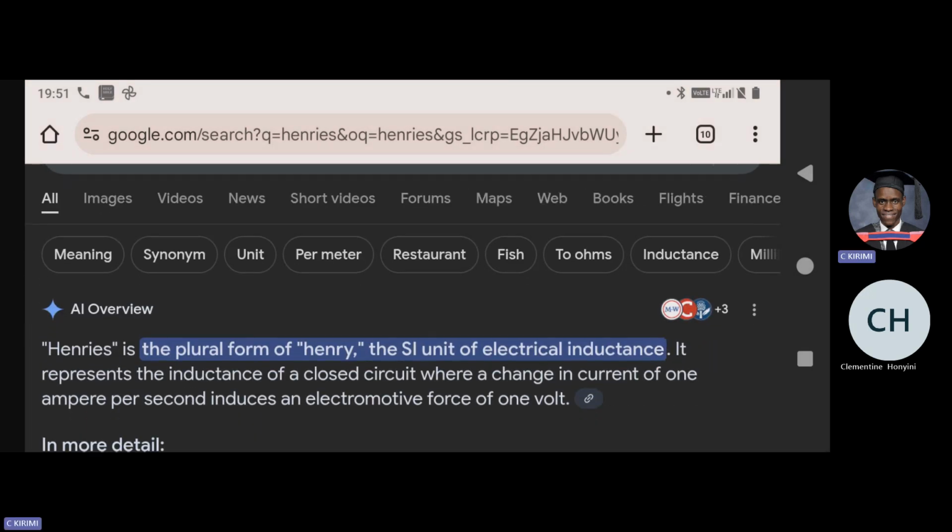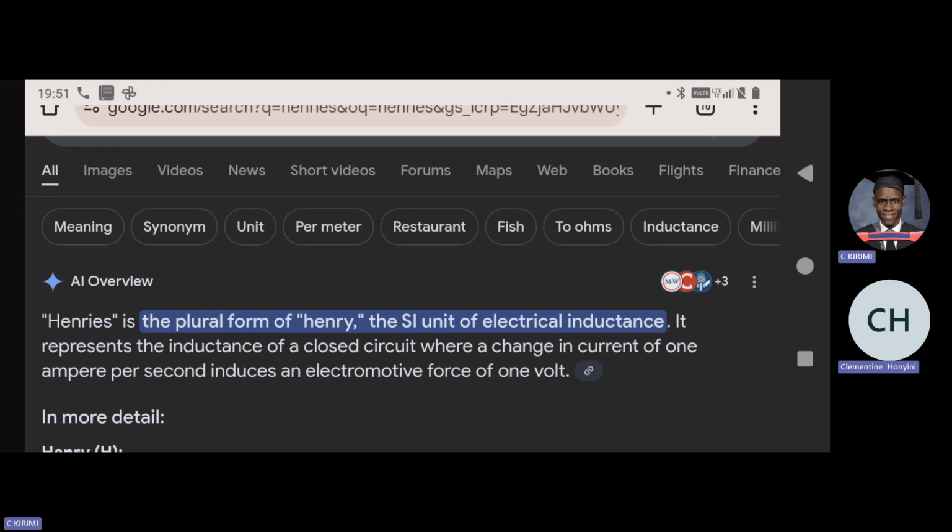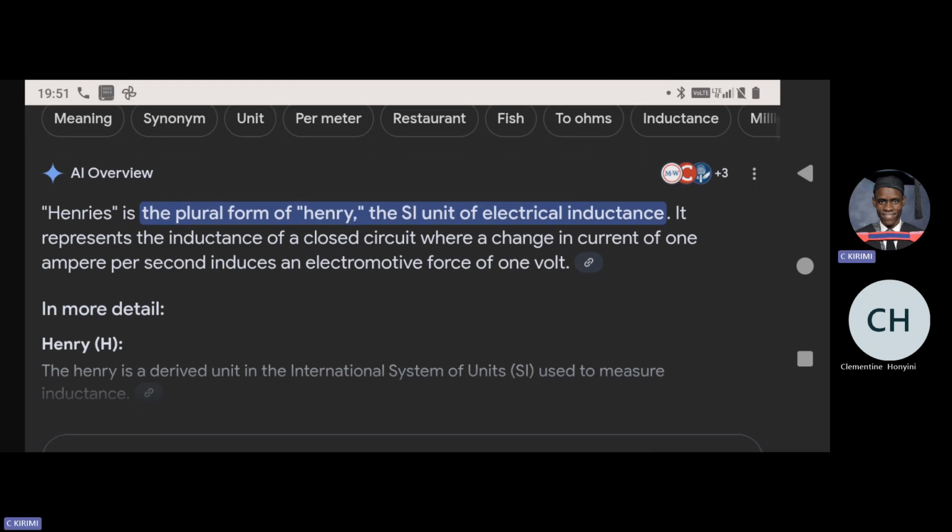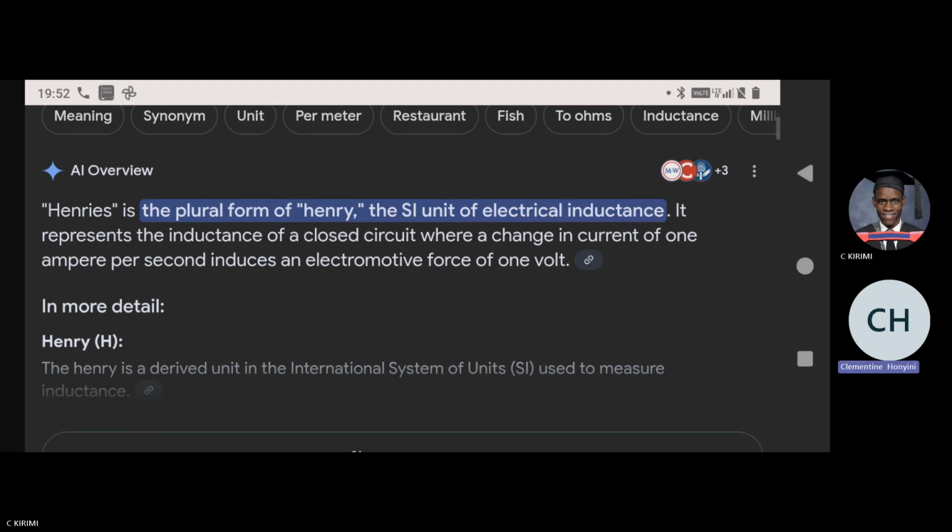It's an electrical inductance unit. So H is Henry. I'm trying to show you the H so that you can see it. Henry is a derived unit in the International System of Units, which means SI, used to measure inductance.